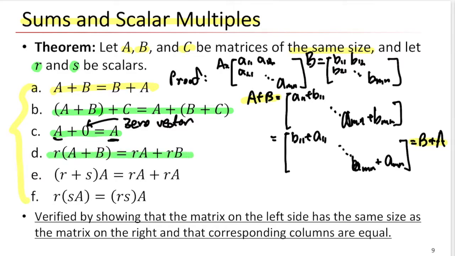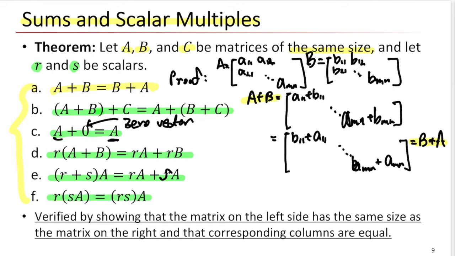R times the quantity A plus B is equal to RA plus RB, right? Then what about this? The bracket R plus S times matrix A is equal to RA plus SA. Okay, like that, and R times SA is equal to RS times A.